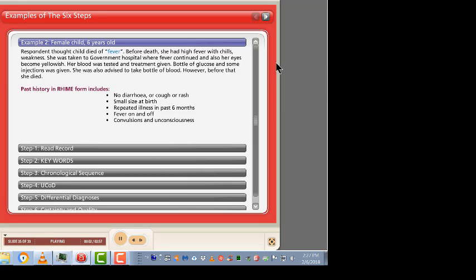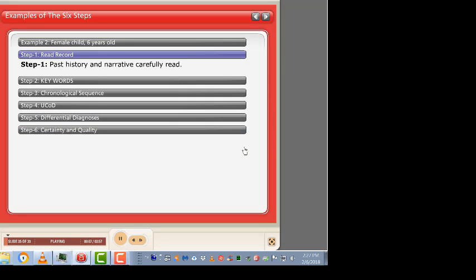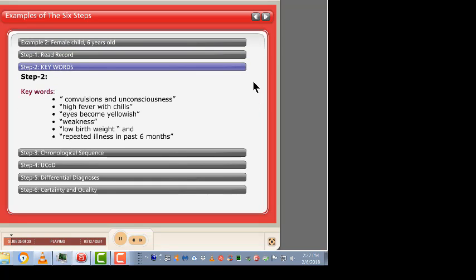Assuming a careful read of the narrative, here are the steps for example 2. Step 2.